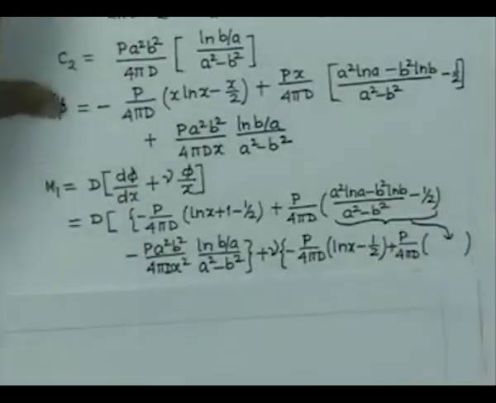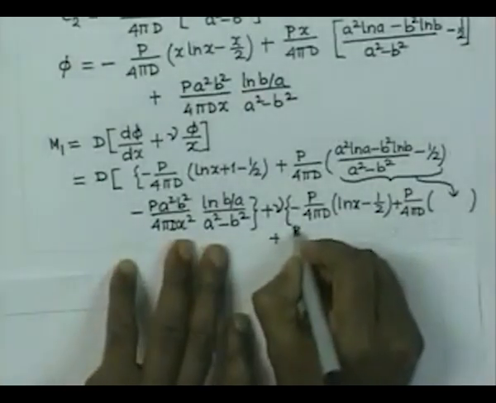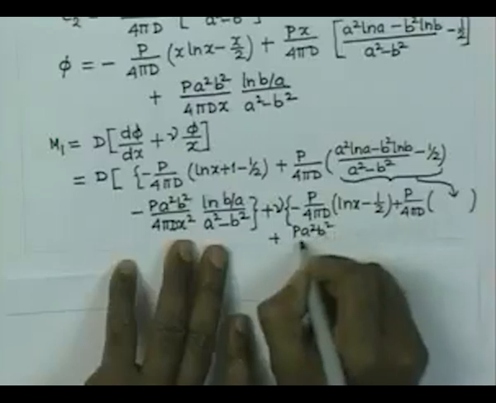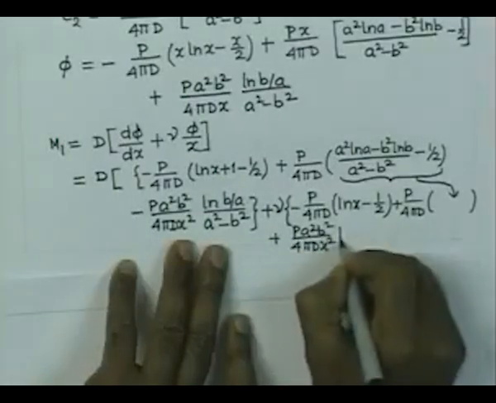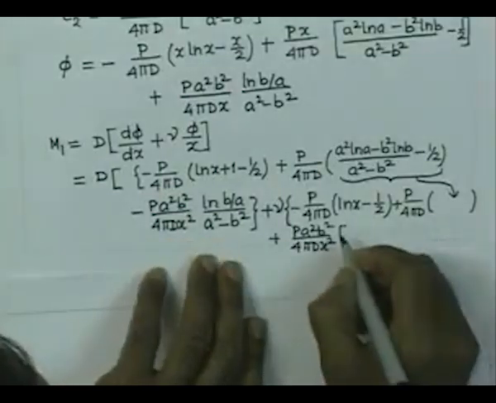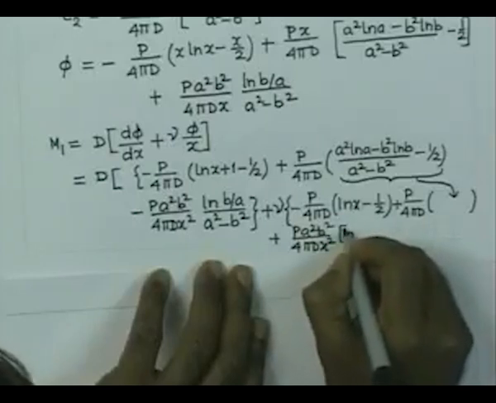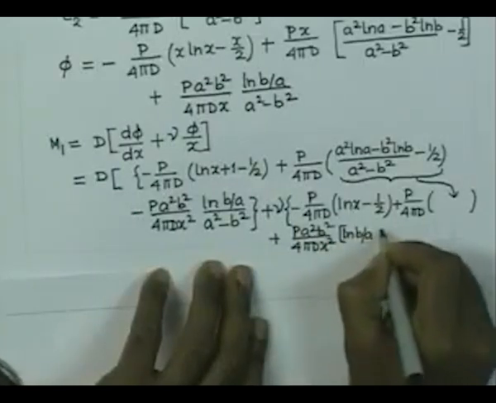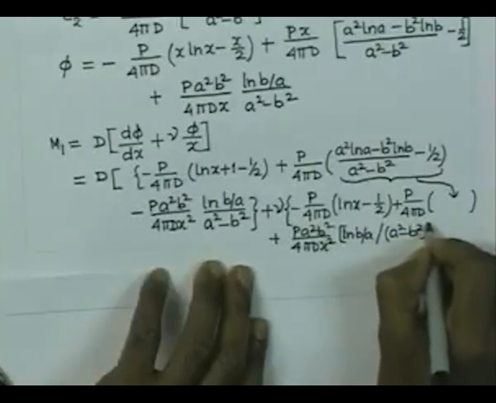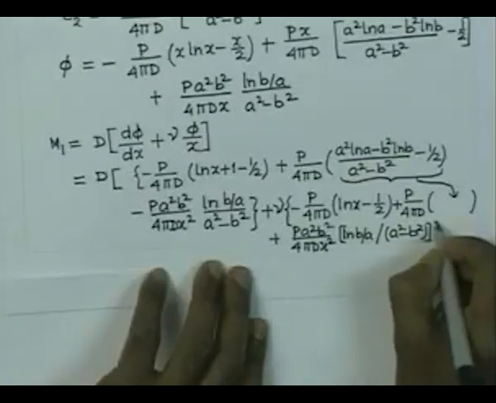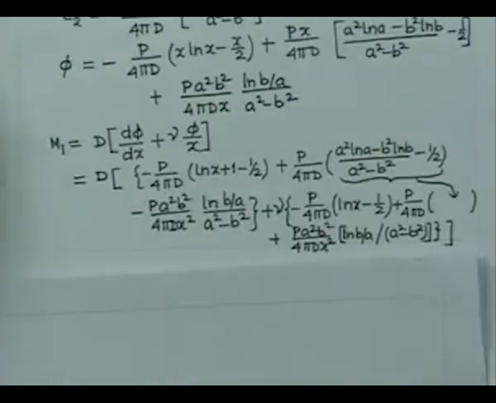So, I will not repeat, that will come, and then we will have another portion p a square b square by 4 pi d x square ln b by a square minus b square, that is the whole expression. So, this is m1.